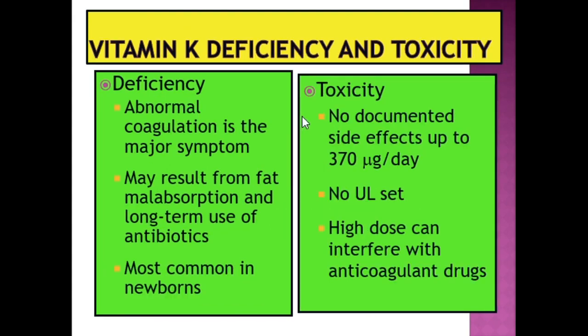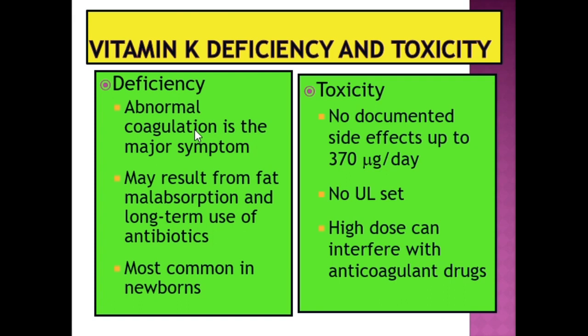So lastly, we look at the deficiency effects of vitamin K and also the toxicity of vitamin K. Vitamin K deficiency may lead to abnormal coagulation as a symptom. Okay, so the major symptom is abnormal coagulation. Coagulation refers to the blood clotting process.